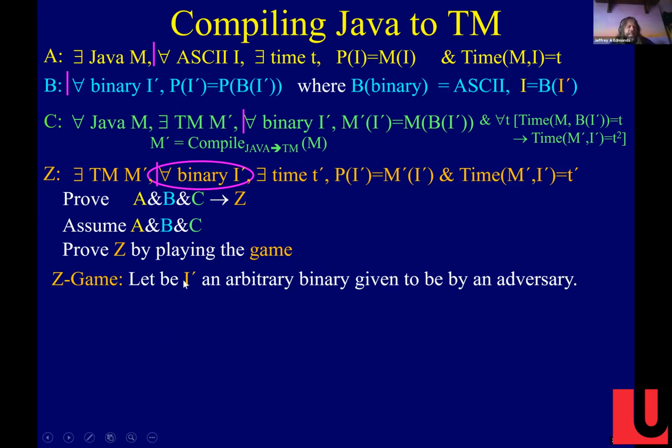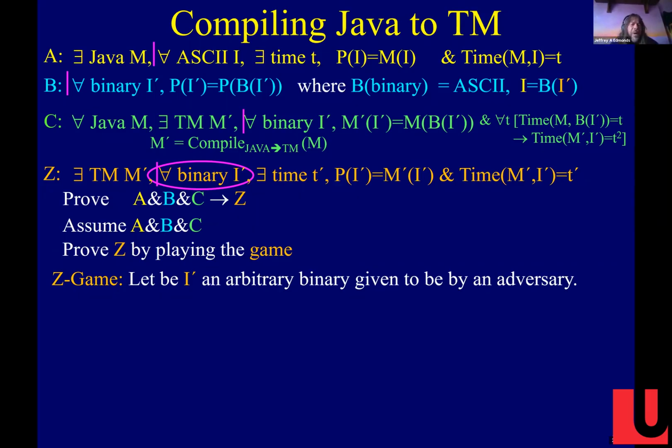Now, we could just say, let it be arbitrary, or to make Jeff happy, we can put in the little story of where it came from. It came from my adversary, right? This is some worst case binary input. And what do we want to prove? We want to prove that our Turing machine solves the problem on this worst case binary input. All right. So now I have a binary input.